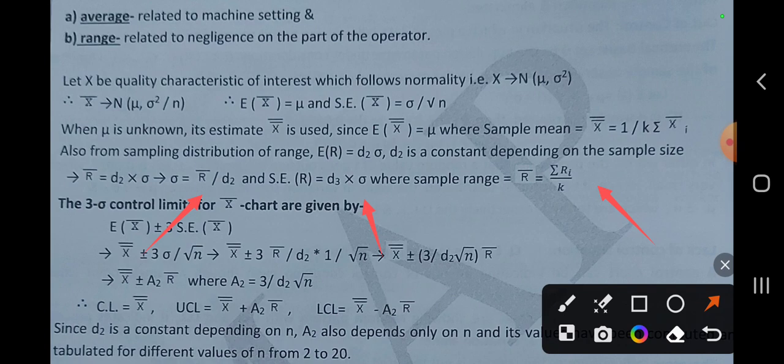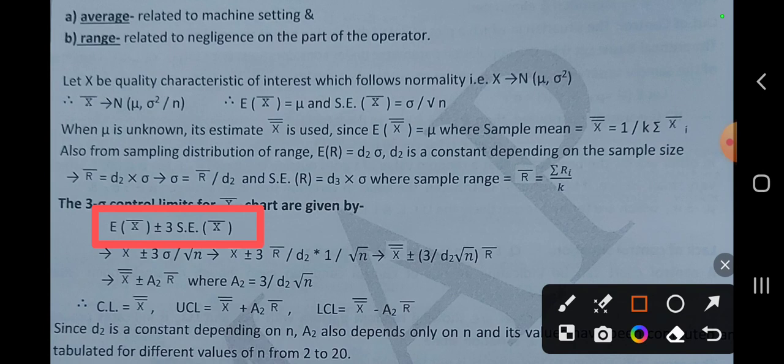Now set up the control limits. Shewhart has given the control limits by using the 3 sigma control limits for the X bar chart, and this can be calculated by using the formula. And what is that formula? The formula is expectation of X bar plus or minus 3 standard error of X bar.